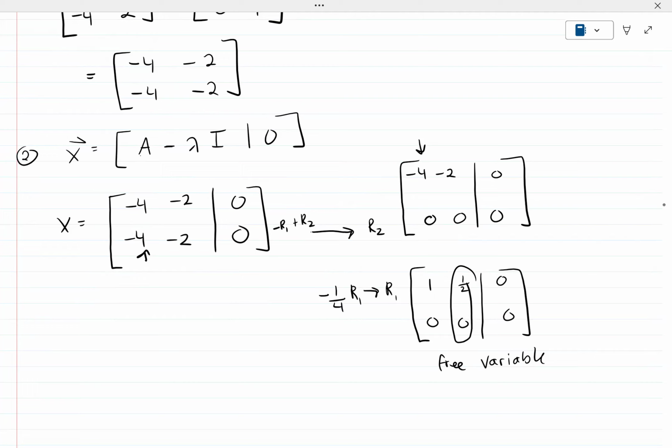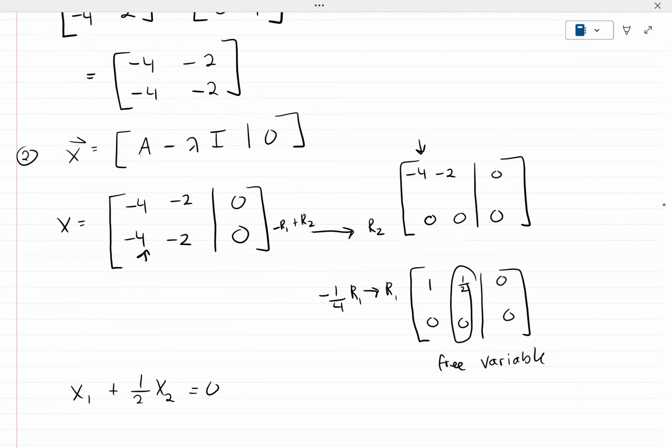Okay, so what that means is now we're going to have x1 plus 1/2 x subscript 2 equals 0. So x subscript 1 plus 1/2 times x subscript 2 equals 0.